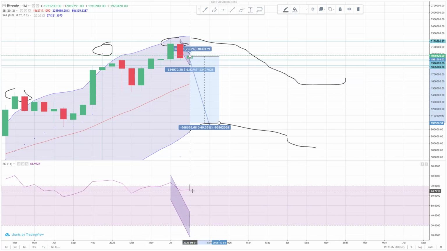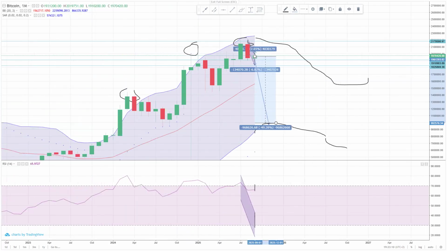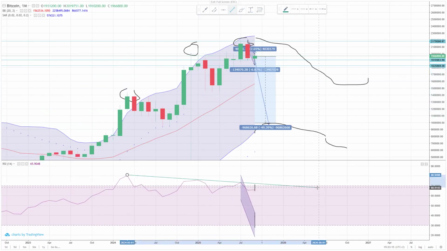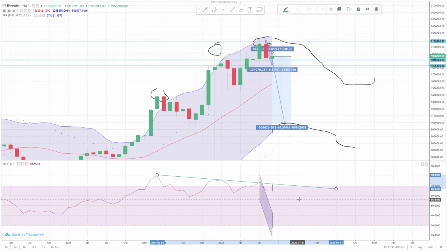But when you start going up to 70%, you are in dangerous territory. If I had to draw a resistance line going down on this, we can see there, there, and there. So because it didn't make it the second time or the third time, guess what? It's most likely to go and drop even further.